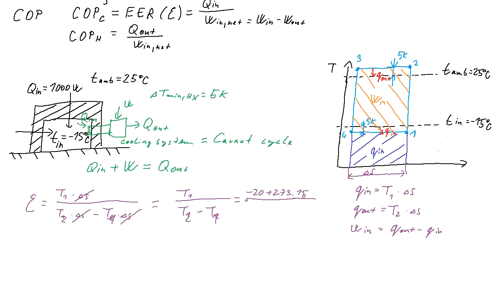So we have temperature T2, 25 plus 5, which is 30 degrees C, plus of course 273.15, and minus T1, which is minus 20, again plus 273.15, and it will end up as 253.15 divided by 50, which is the coefficient of performance of cooling, approximately 5.